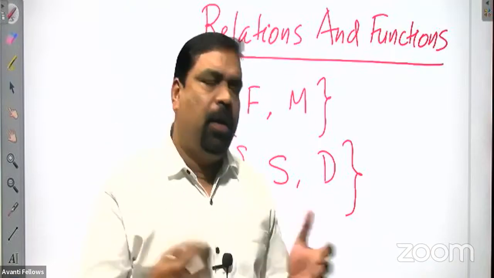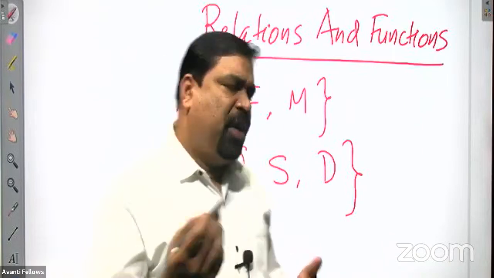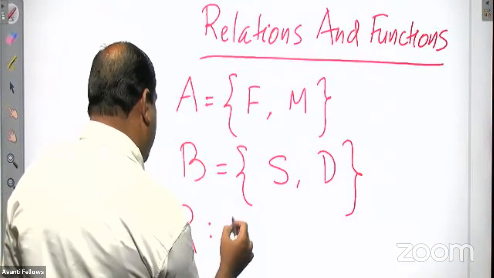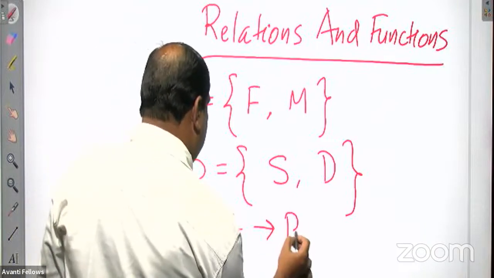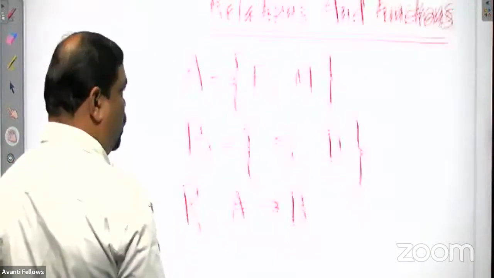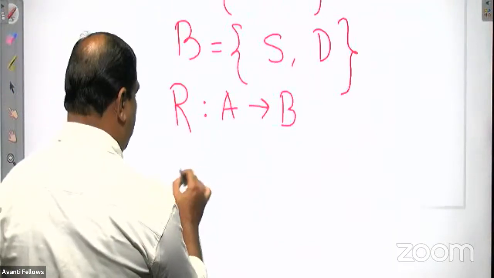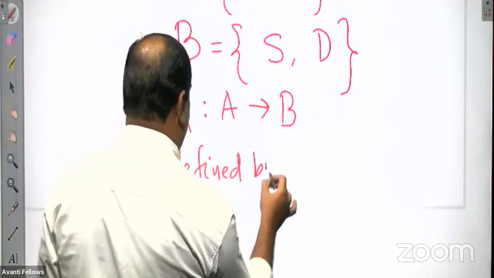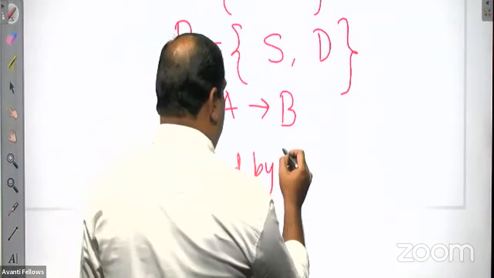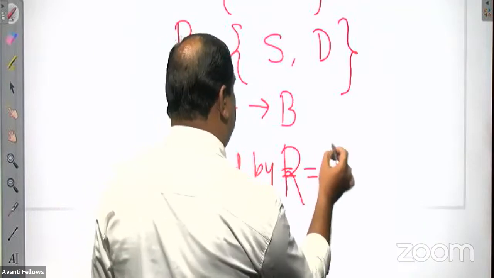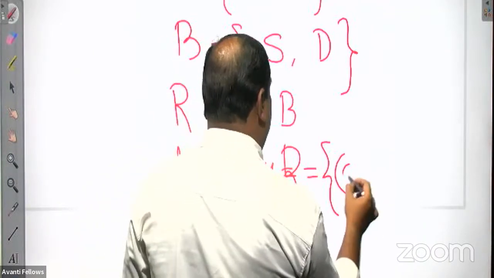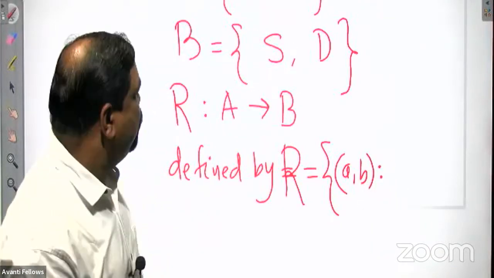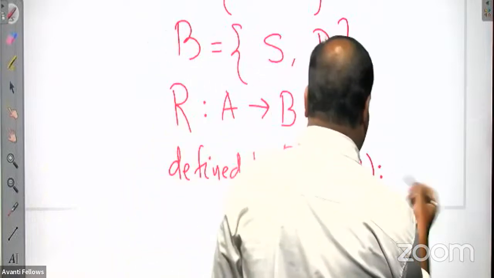So we can take a different type of relations. Suppose I take a relation from A to B defined by R equal to set of all ordered pairs a, b such that we can make some relation.